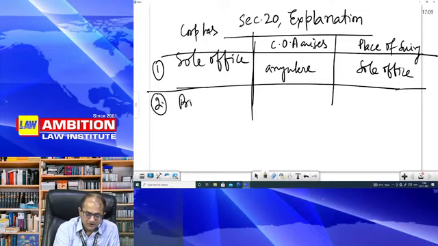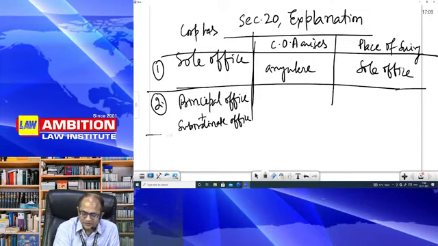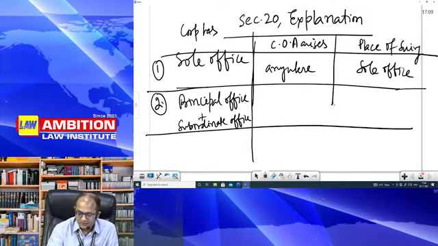Second possibility, there is a principal office plus subordinate offices. Sole office means single. This is the second possibility. There is a principal office and then there are various subordinate offices.